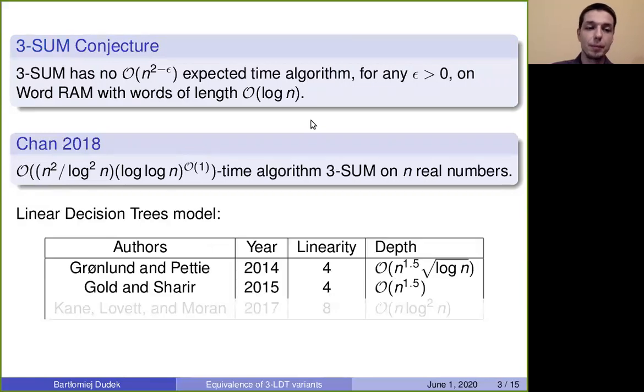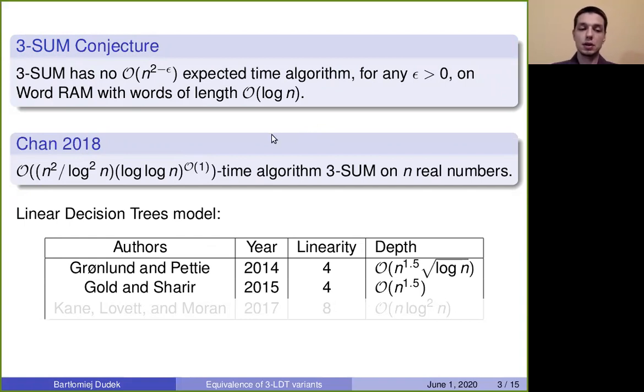Free-sum was also considered in the linear decision trees model. First, Grunwald and Petty showed that there exists a linear decision tree of depth n to the 1.5 times square root of log n with linearity 4, where linearity is the maximum number of elements from the set that we can use in a single test performed in a node of the tree.